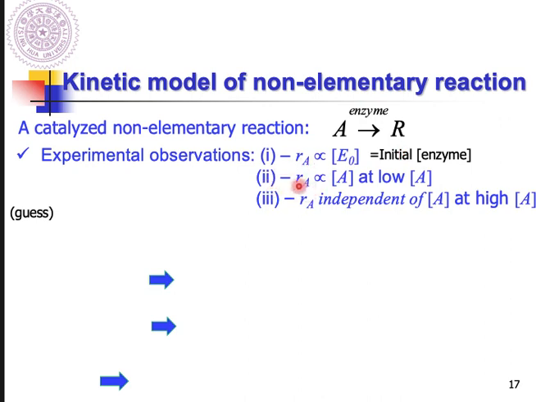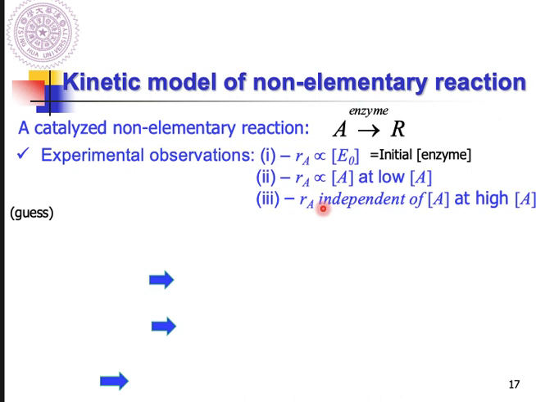The consumption rate is proportional to the concentration of reactant A at low CA. And when you increase the concentration of reactant A to the high CA region, you will find the consumption rate of A is independent of the concentration of reactant A. So we have these 3 experimental observations.